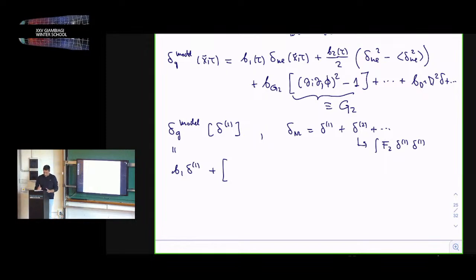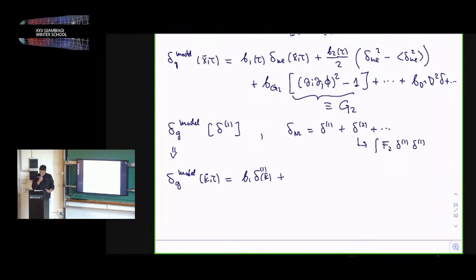Let me just do it, it will take some time, but let me be very precise. So in momentum space, this is going to be something like that. There will be B1 times delta of k, the linear field.